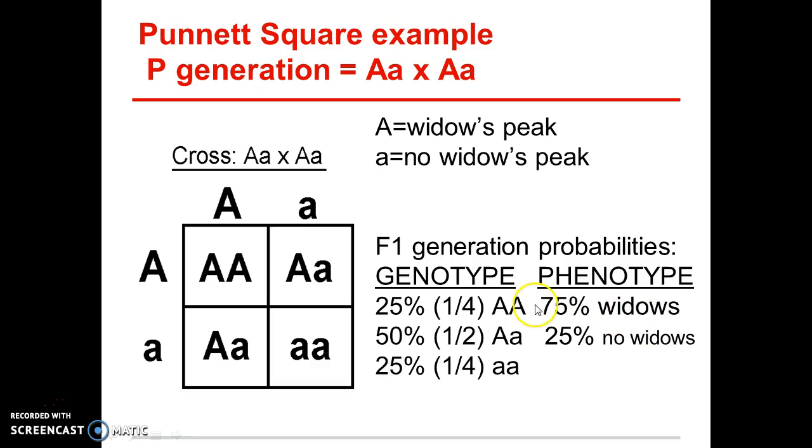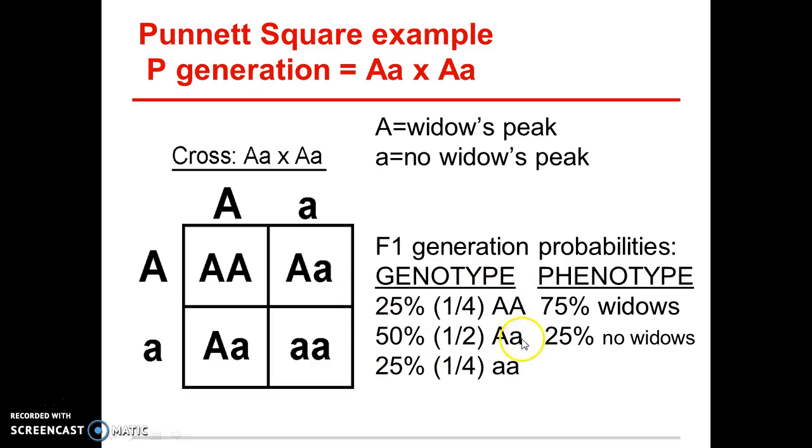Now with phenotypes, both of these genotypes right here will show the dominant trait. With complete dominance, the dominant will mask any recessive that is available. So right here, there's a dominant that's there, and so 75% will show a widow's peak, because you add these two together.